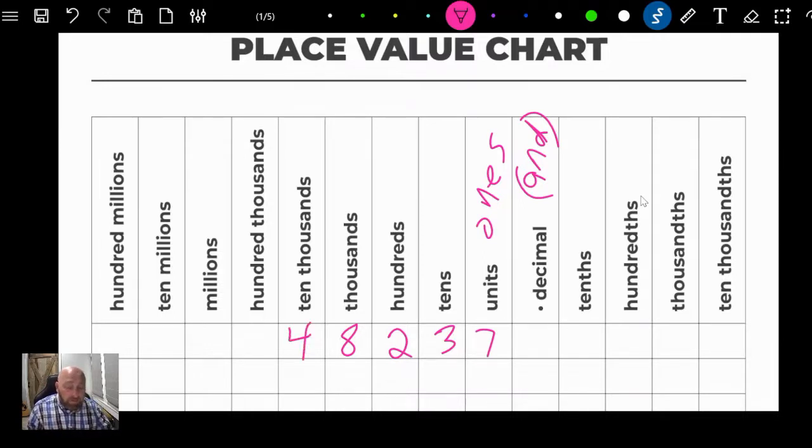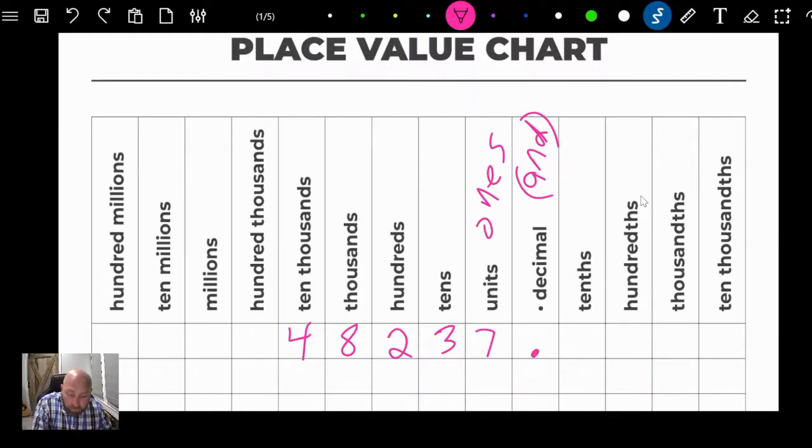Now we have, listen to this, 48, because notice we're in the tens place again. Now it's the 10,000s place, but we're still in the tens place. So what we have is 48, and then we would read 237. 48,237.